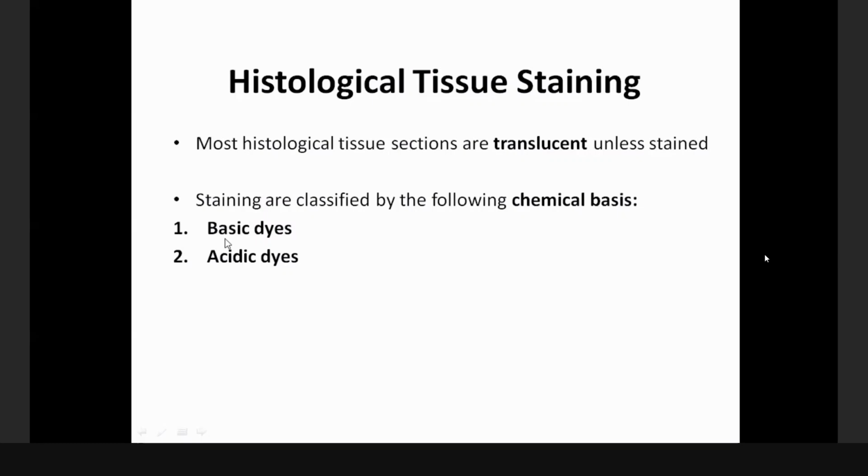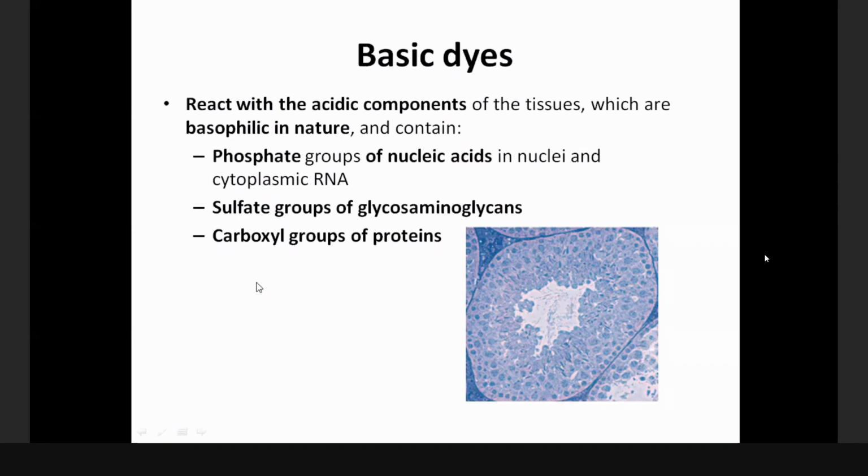We call these basic and acidic dyes. Meaning, if you pour a basic colorful chemical into your tissue, this chemical would coat it because it reacts with acidic components of your tissue, making those components appear like the basic dyes, because many of the basic dyes have their own coloring. Same is true for those which are able to react with acidic dyes. So that's what we are going to deal with.